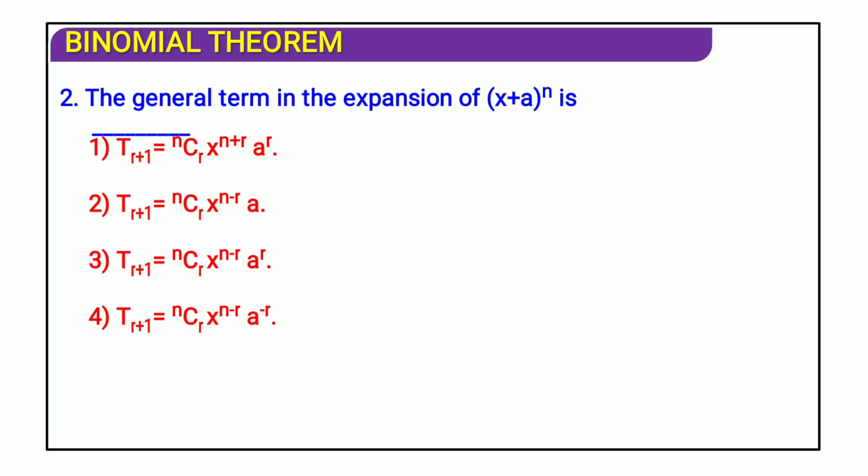So obviously the general term of the expansion is, see, I didn't tell this to you before, I am telling you right now, ncr x to the power n minus r a to the power r. In the next lecture we'll discuss it in detail. So the general term is T r plus 1 equals ncr x to the power n minus r a to the power r.